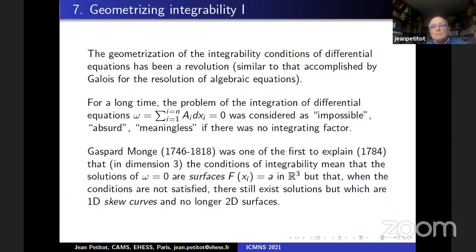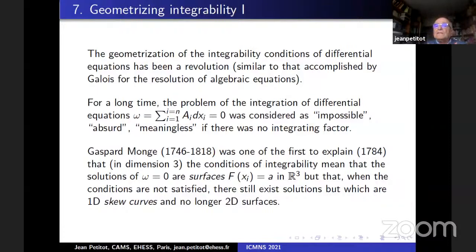And Gaspard Monge was one of the first to explain that, working in dimension 3, the conditions of integrability mean that the solutions of omega equals 0 are surfaces in R3, but that when the conditions of integrability are not satisfied, there still exist solutions, but which are one-dimensional skew curves and no longer two-dimensional surfaces.